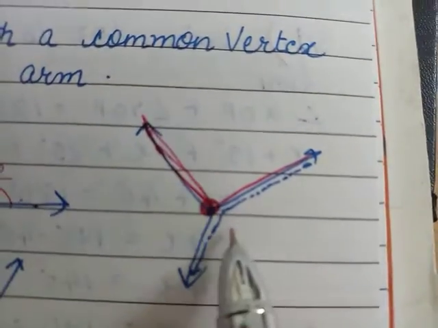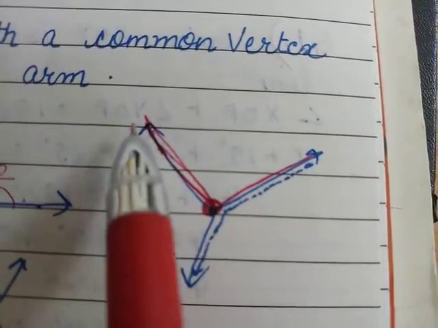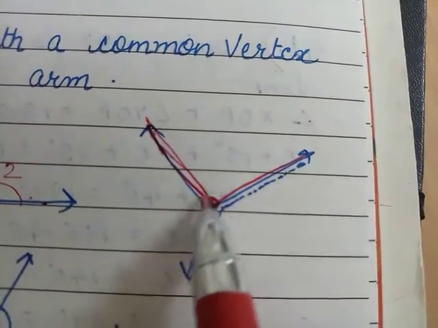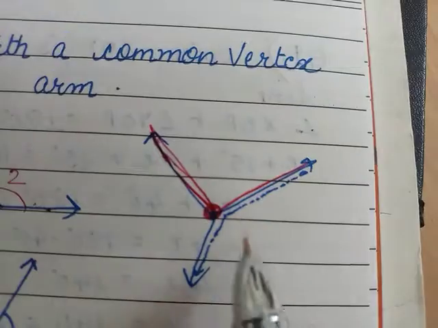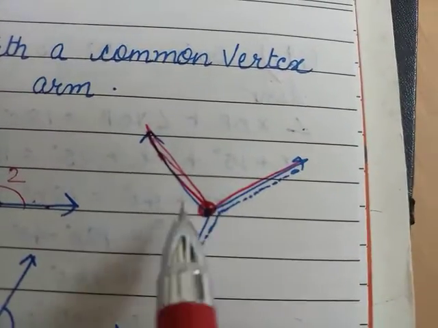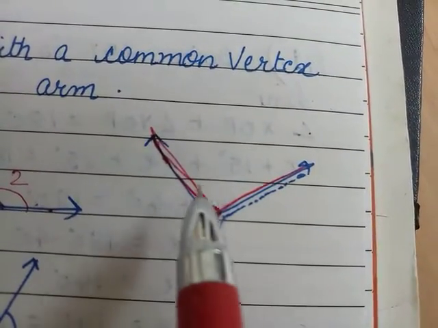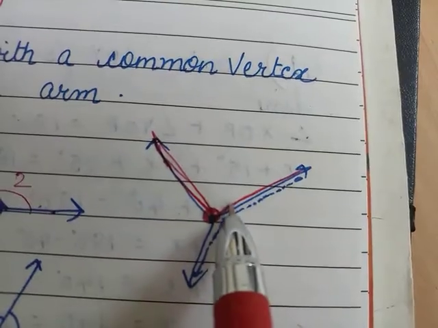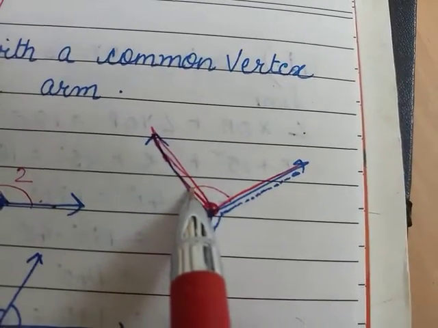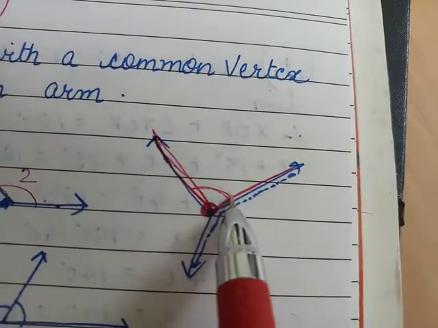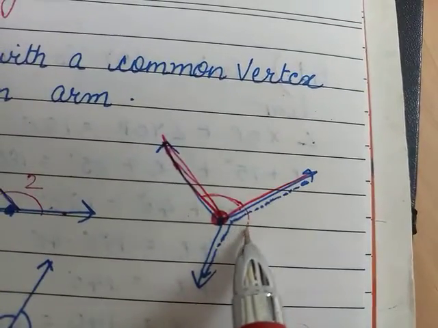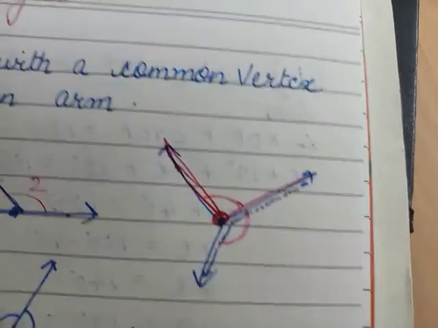Similarly, we can take this. This is the common vertex. This arm is common to both. So therefore, these two angles are adjacent angles. So this is the first angle. And this is the other angle.